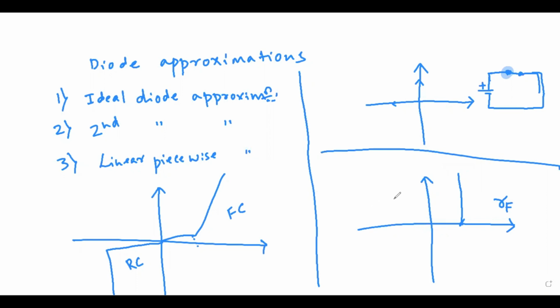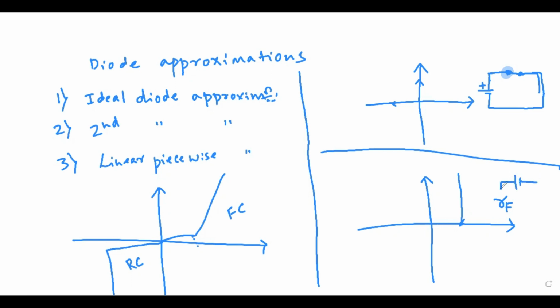The third one is the linear piecewise approximation. But before that, if you want to write the equivalent circuit of this second diode approximation, it will be a voltage source.